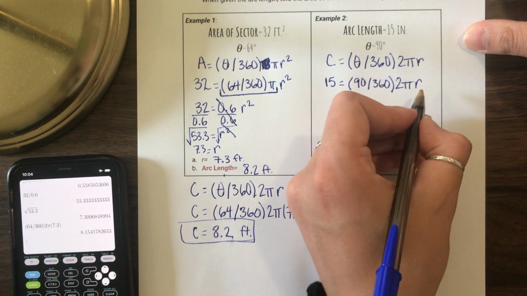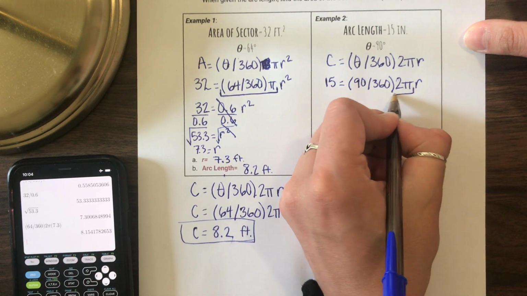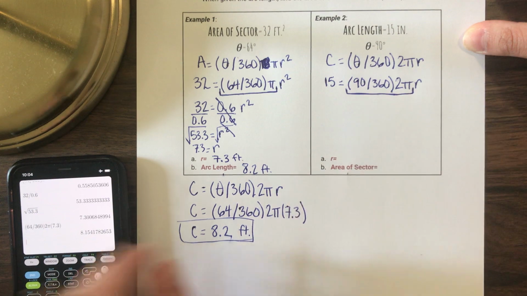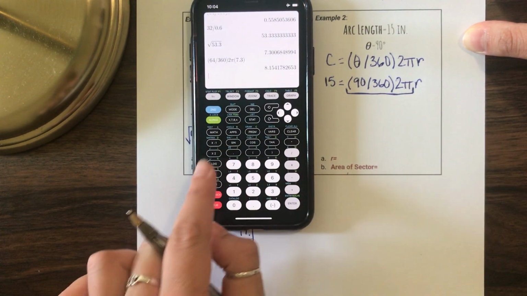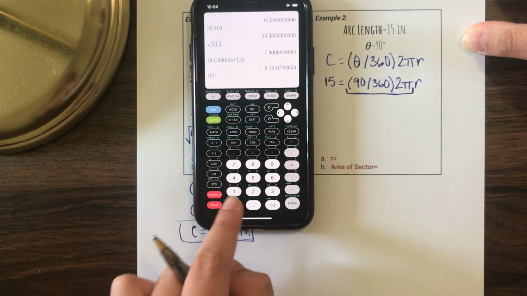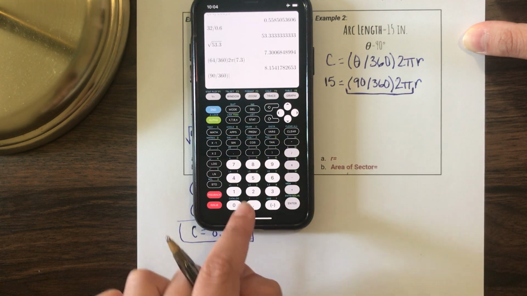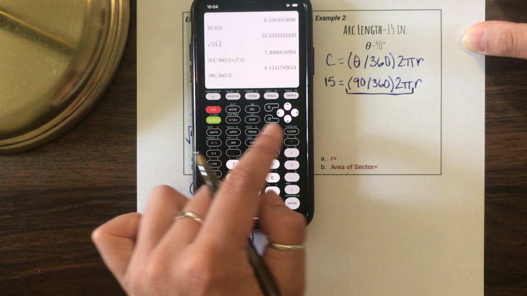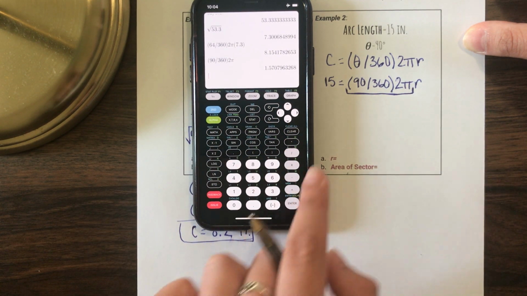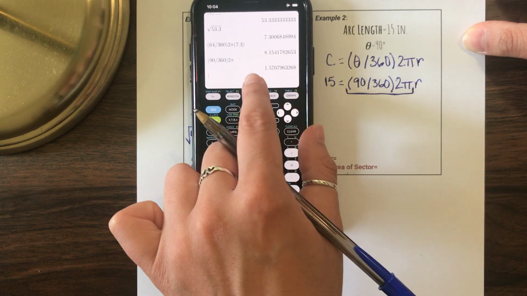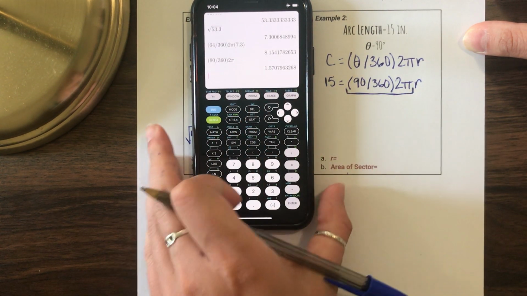Okay, so as before, I'm going to put everything in the calculator besides r. So open parenthesis, 90 divided by 360, 2 pi. So rather than all that stuff, this all equals 1.6, right, when I round up.